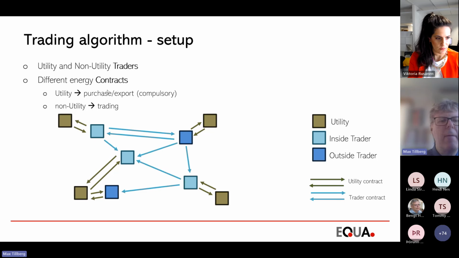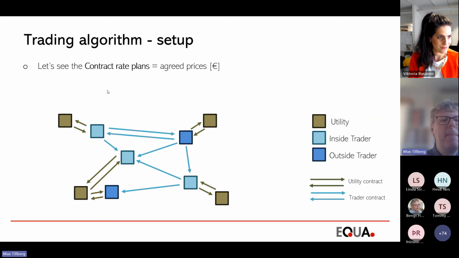So now you see that it starts to get pretty messy. And then we need to agree upon prices. So we add some prices. So it's 10 cents, 11 cents, 12 cents in one direction, and this is buying and this is selling. You don't get as much when you sell to the utility, but still it's possible.